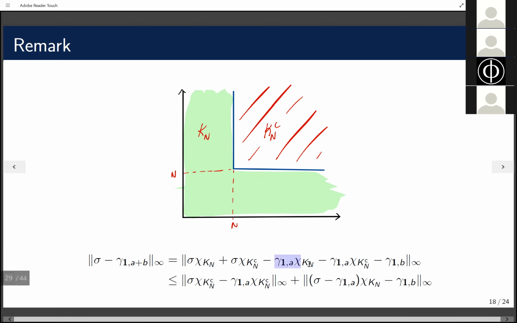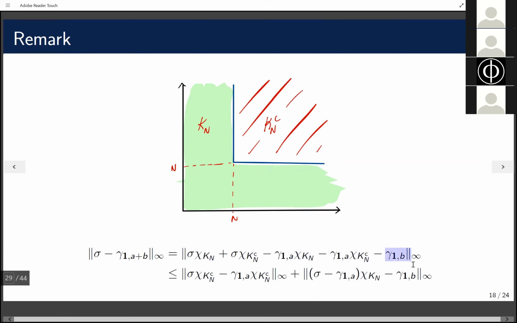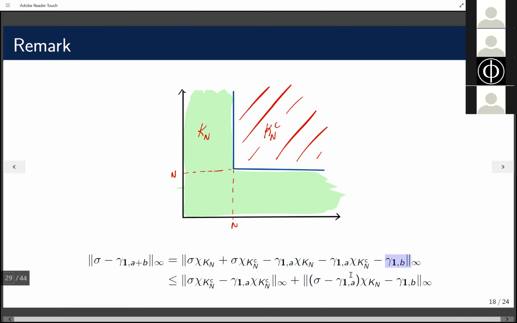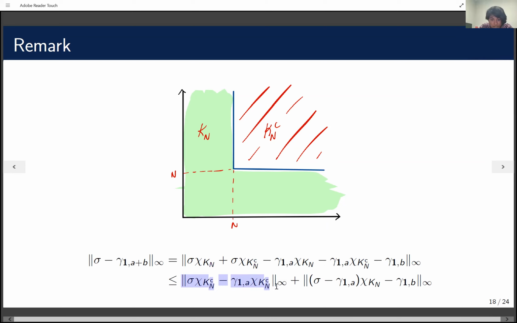We can then decompose this as restricted to Kn and restricted to Kn complement, and we can keep it like this, and then we can apply the triangle inequality. So the part that we get here is the part that's controlled by the previous proposition, and if we can control this part, we are done.